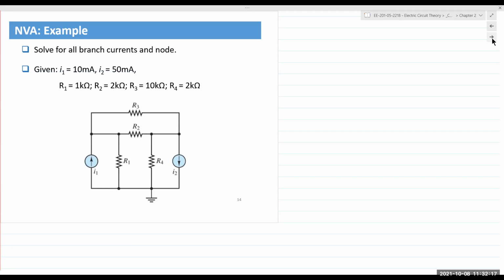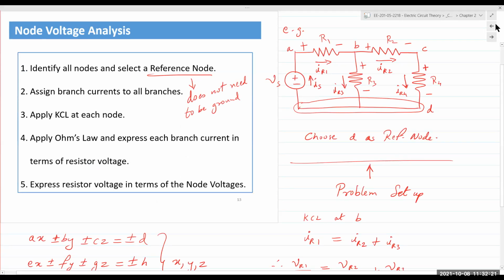One other point. Once you have your node voltages, once you solve the equations, you would have the answer for VA, VB, and VC, right? VA, of course, is already known. You would have the answer for VB and VC. Now, you can take those answers and solve for all resistor voltages. VR1 is VA minus VB.